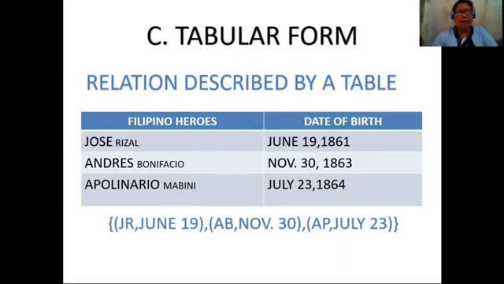So how do you consider this relation? Is it a function or not a function? And the answer is a function, because as you can see, no two ordered pairs have the same abscissa. Let's proceed.